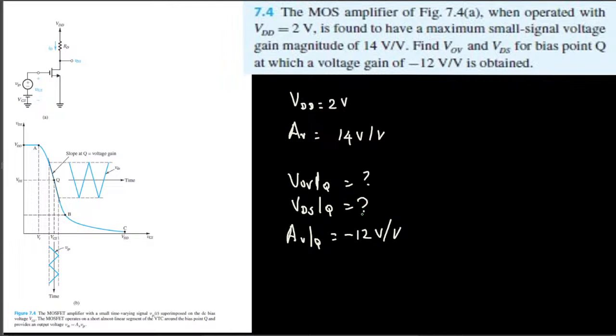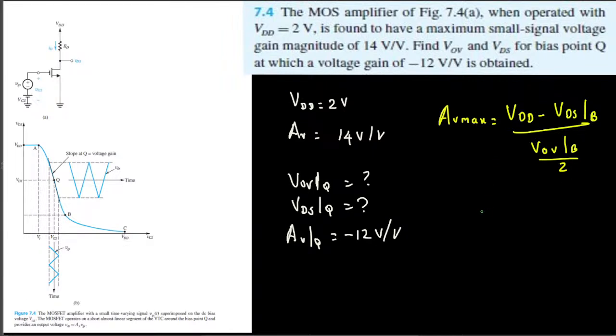When we consider gain, there are two equations we can use. Also, this is mentioned as maximum gain, and for maximum gain there is an equation: AV max is equal to VDD minus VDS at point B, divided by the overdrive voltage at point B divided by 2.